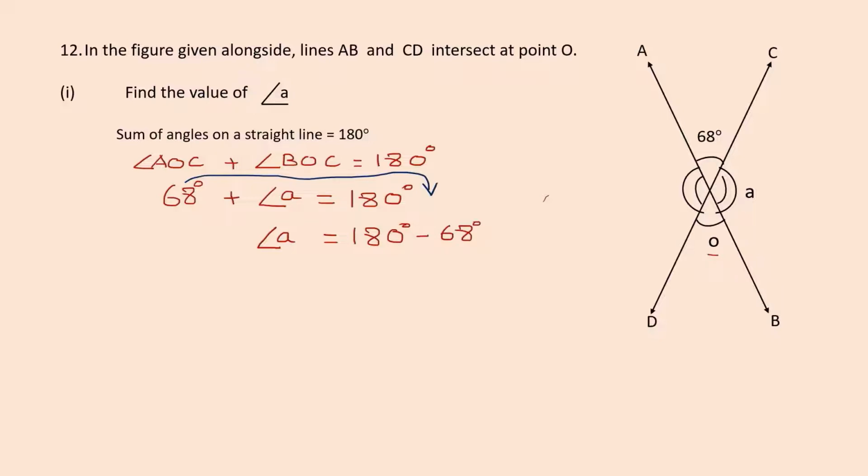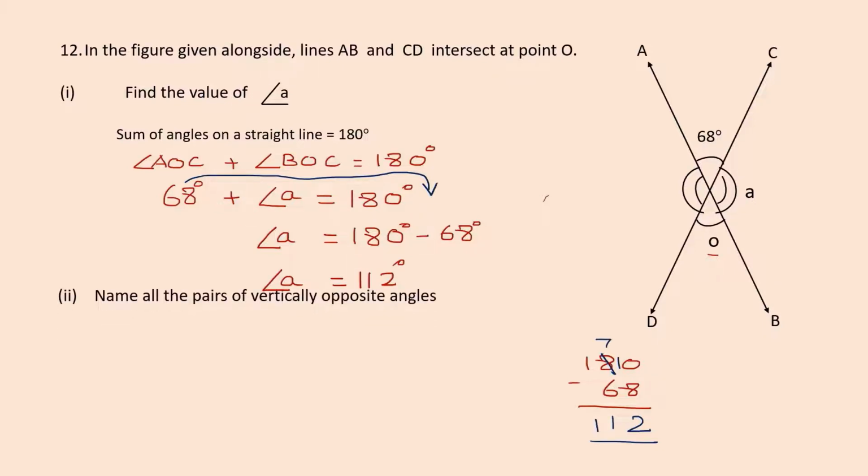Now let's subtract 180 minus 68. I need to borrow, so this becomes 7, this is 10. 10 minus 8 is 2, 7 minus 6 is 1, and 1 here. So now I have 112. It means angle A equals 112 degrees.